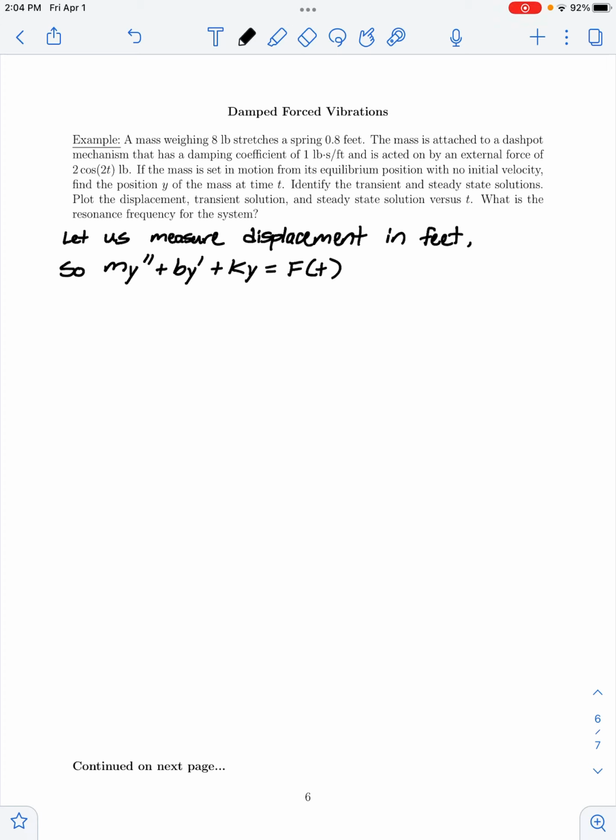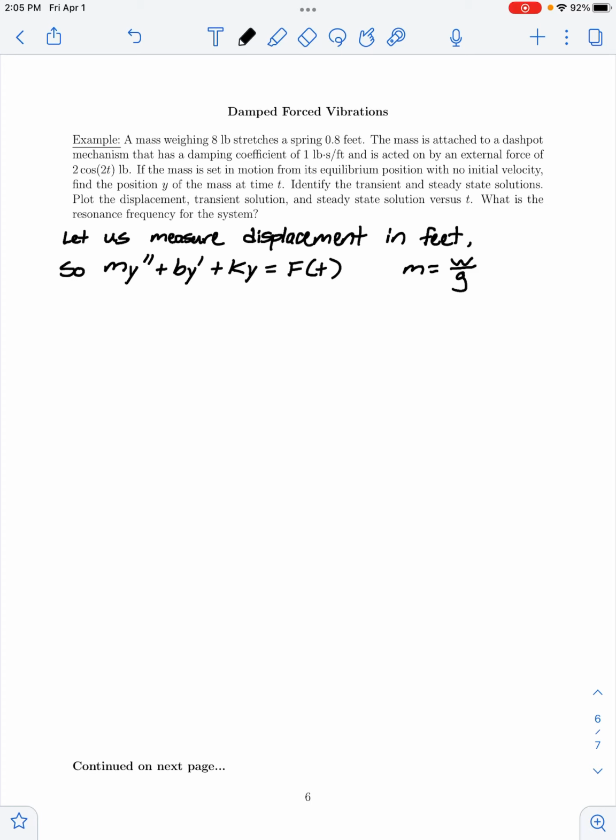So to get our mass, well, we're told how much this mass weighs. And to get the mass itself, we would take the weight of our mass and divide through by the acceleration due to gravity.